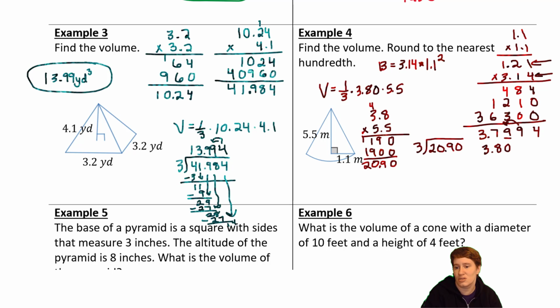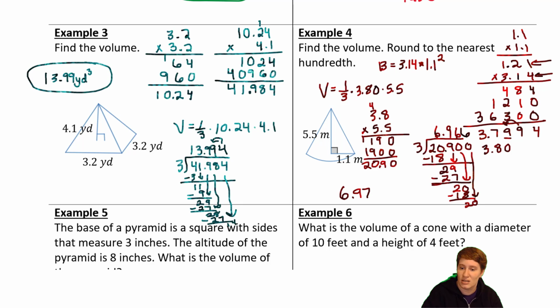So 3 goes into 20 6 times. And 3 goes into 29 9 times. This happened to us a lot here. And then 3 goes into 26 6 times. And then we actually need to do one more so we can round. That'll be 6 again. So this actually rounds up to 6.97 meters cubed.